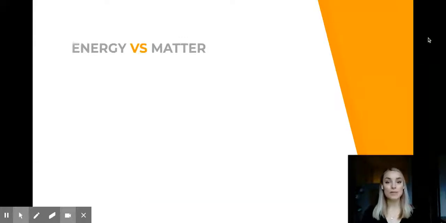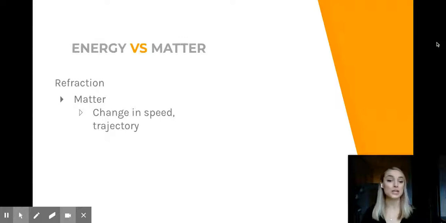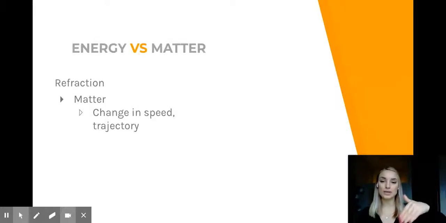If we throw a pebble into that pond, some matter, it is going to change its speed and it's going to change its trajectory. So that pebble is going to slow down when it hits the water, and it's going to go from moving in a straight line to somewhat of an arc.